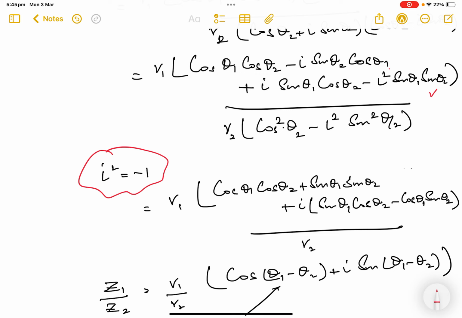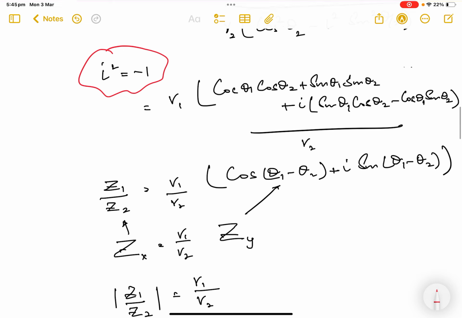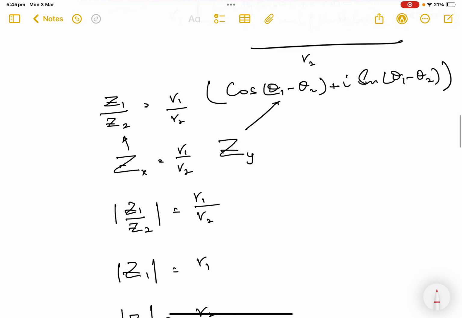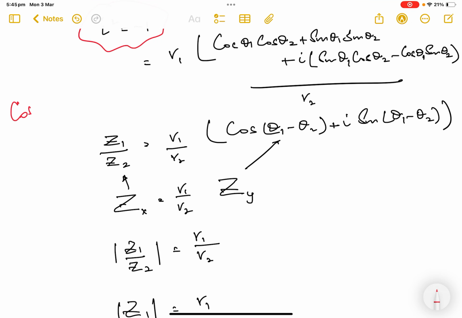So rearranging it, if you take i out, sine theta 1 cos theta 2 minus cos theta 1 sine theta 2. Just to remind you of the trigonometry identities: cos A cos B plus sine A sine B equals cos of A minus B. That is what we have here.